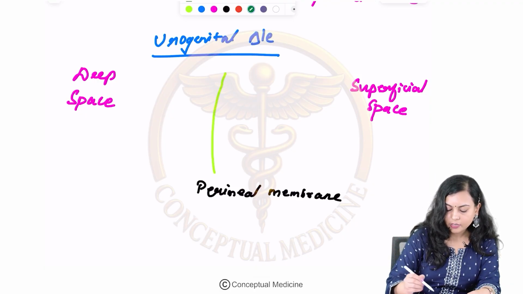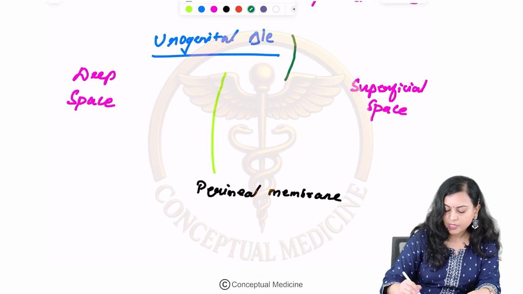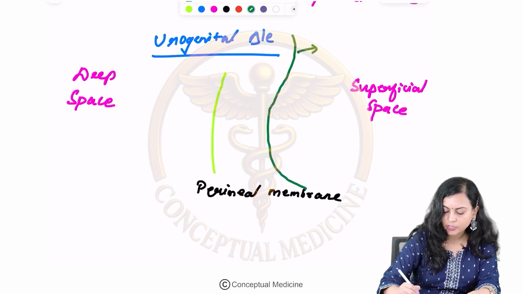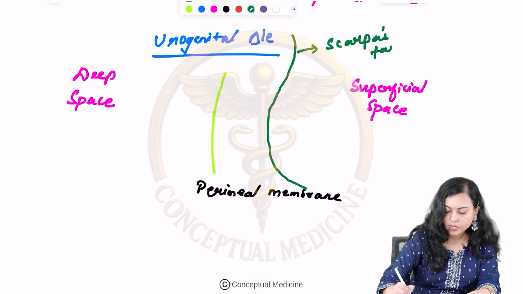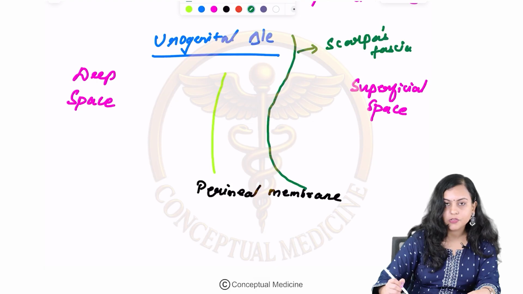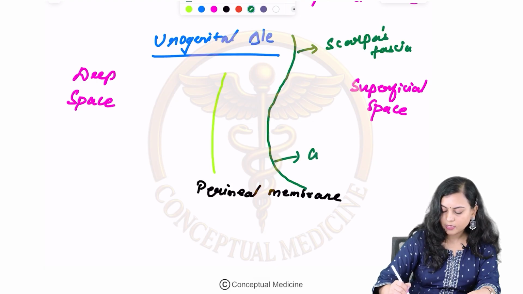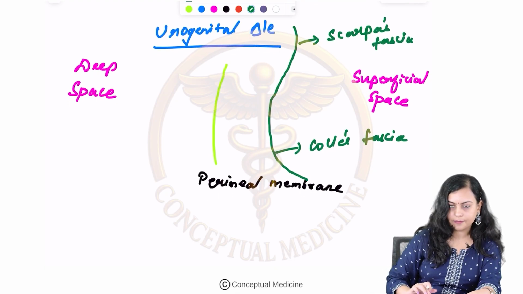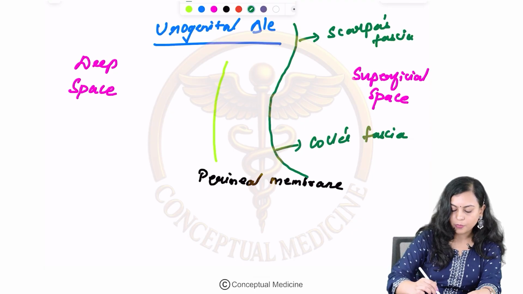Anteriorly, we have the membrane that is coming from the abdomen, the Camper's fascia. This Camper's fascia continues onto the perineum as Colles fascia, which becomes the anterior boundary of the superficial space. And this is the posterior boundary, that is the perineal membrane.